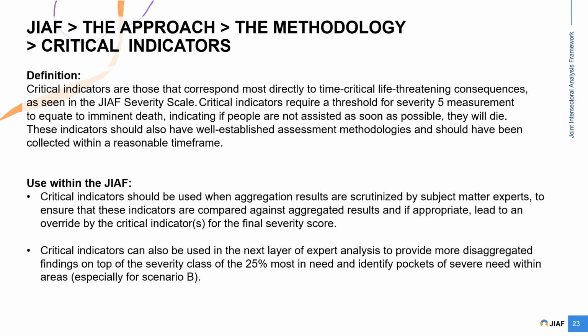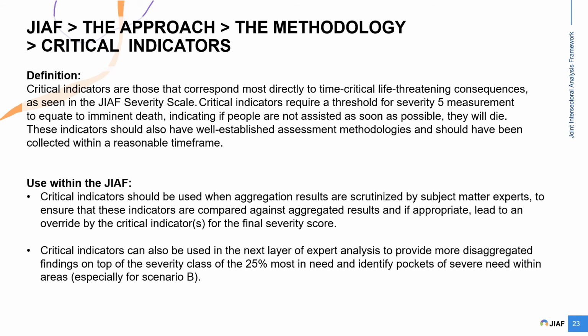In the longer term, however, the JIAF will seek to adopt a universal severity scale, where each indicator in the reference table is aligned with the JIAF scale, but this will take more time and study to be fully executed. The identification of critical indicators is a temporary solution as the JIAF develops towards this goal.